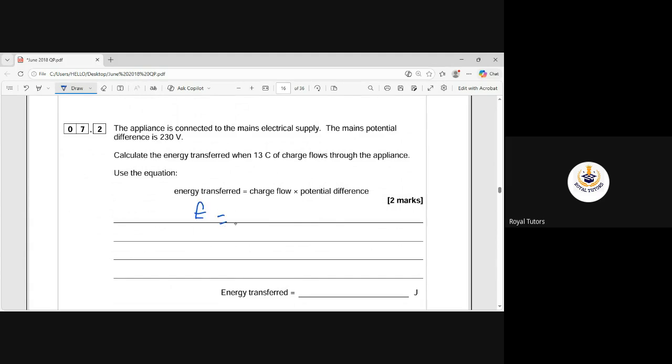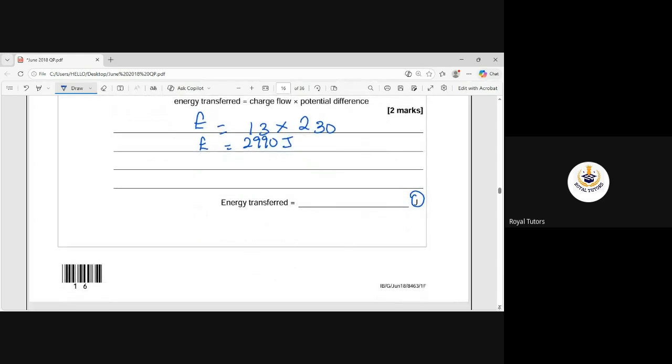The charge is already given as 13, and the potential difference, which is in volts, is given as 230. You just multiply the two together and you get the energy transferred, which is 2,990 joules. And that is why you see the unit already highlighted in the question.